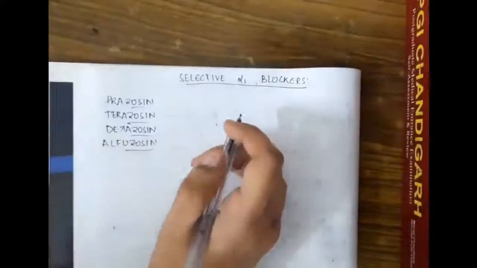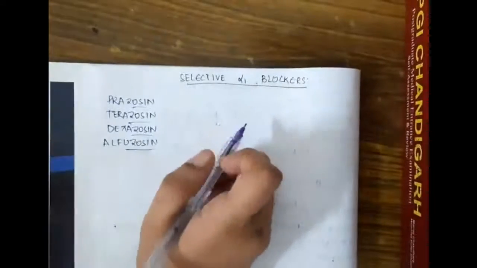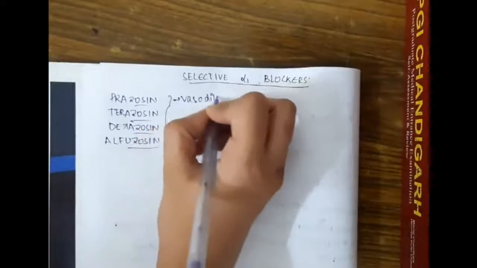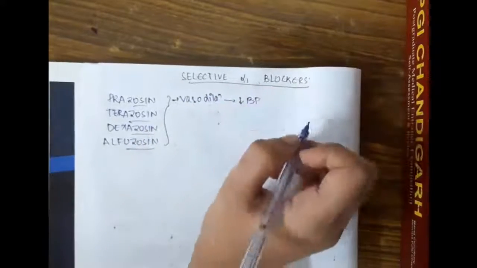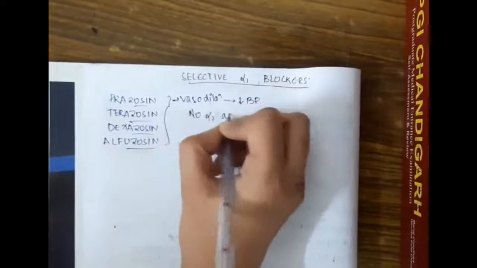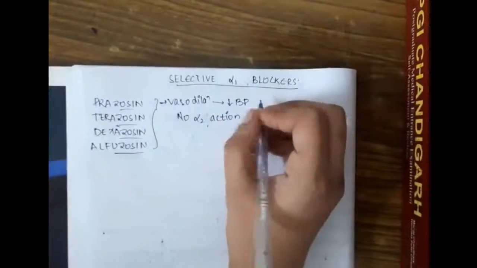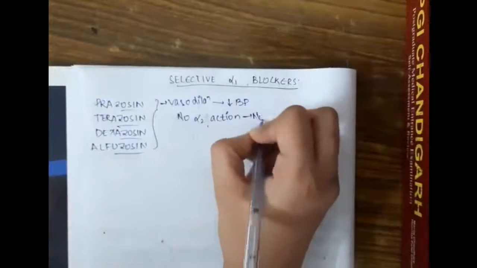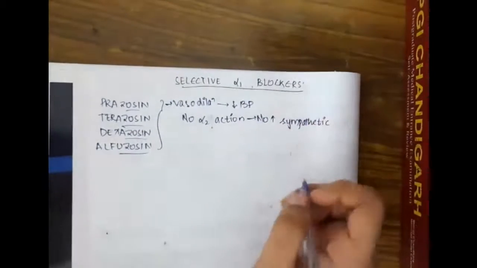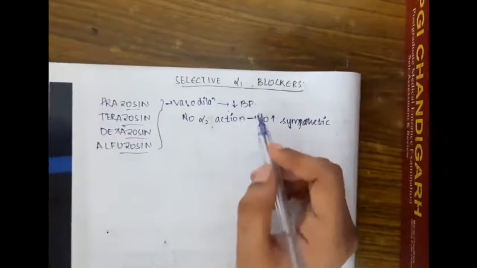Normally the alpha 1 receptor causes vasoconstriction, thus increasing BP, but all these drugs will inhibit the alpha receptor, thus causing vasodilatation and decreased BP. There is no alpha 2 action here, so there is no increase in sympathetic outflow. As a result, there is lesser tachycardia.